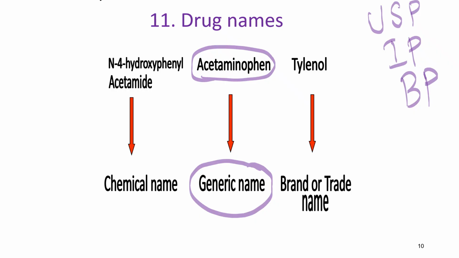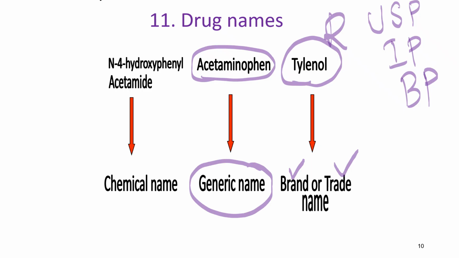That is the official book that contains the standard medications, their purities, chemical properties, and pharmacological properties. Acetaminophen is the generic name, so it can be prepared by various companies. Then they give the brand name. For example, acetaminophen available as Tylenol is a brand name registered by one company. That is called the brand name or trade name.